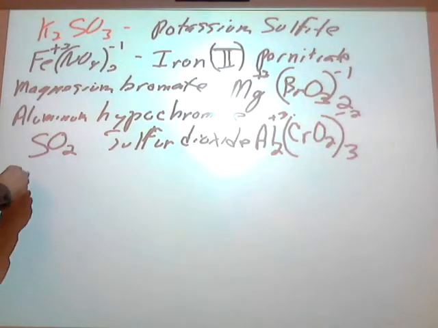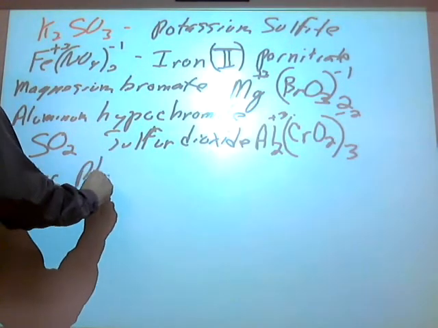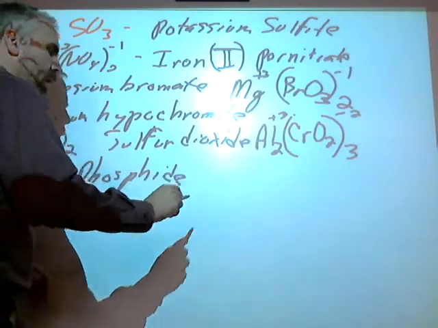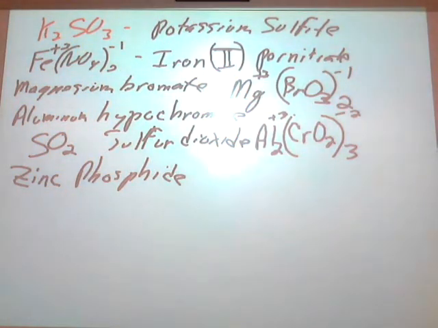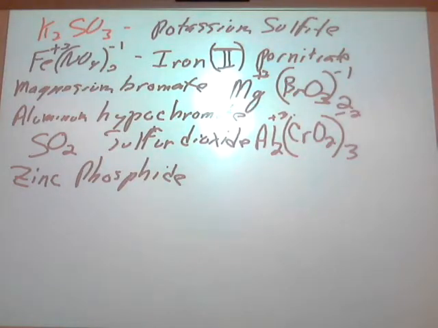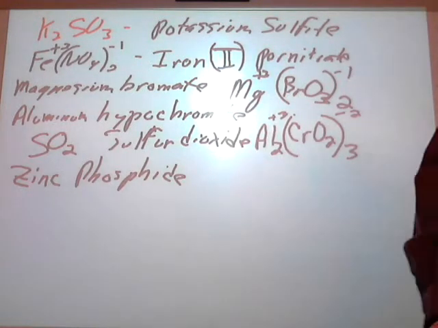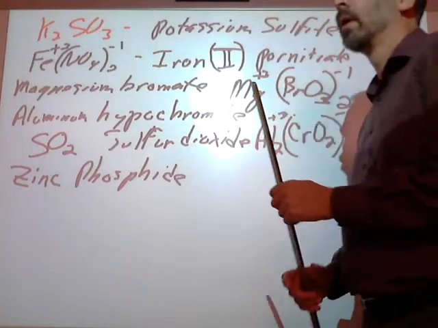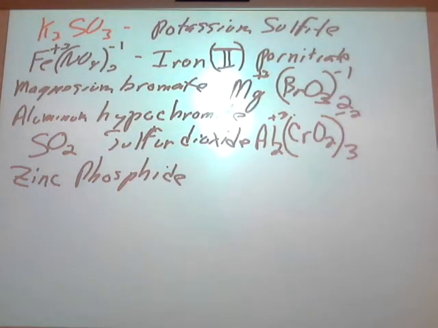How about this guy? Zinc phosphide. I purposely want to do one here for zinc because zinc is a weird guy. If you try looking zinc up on the periodic table, you'll notice he is not in the main group. So you figure, okay, well maybe he's on the common ion sheet, and he is.